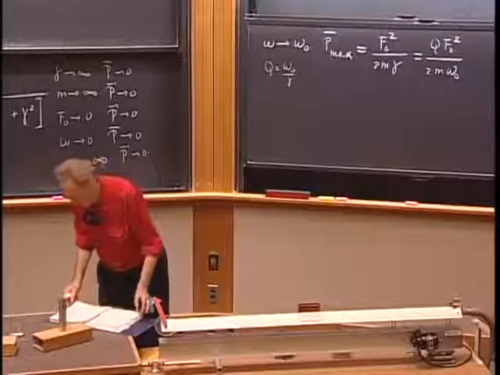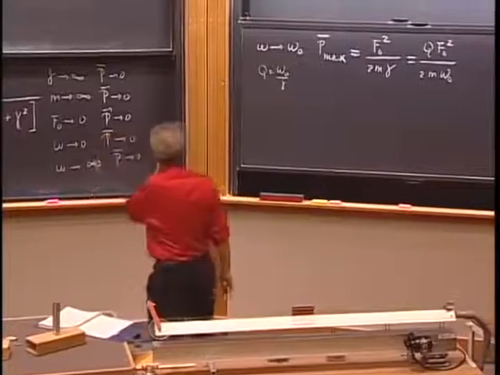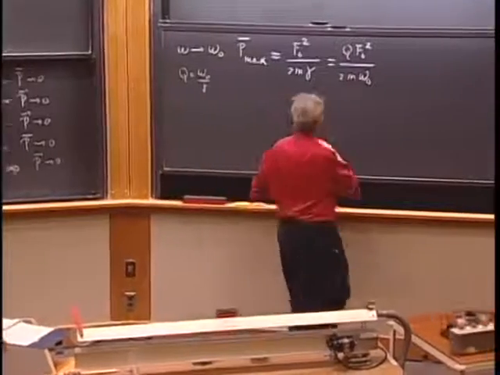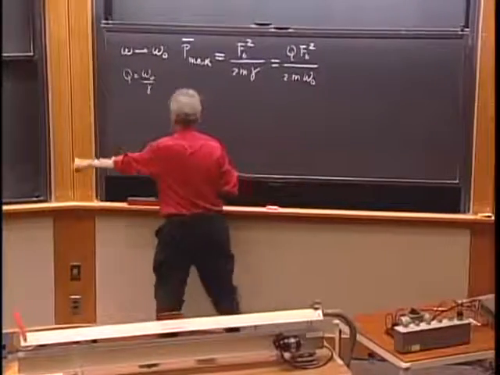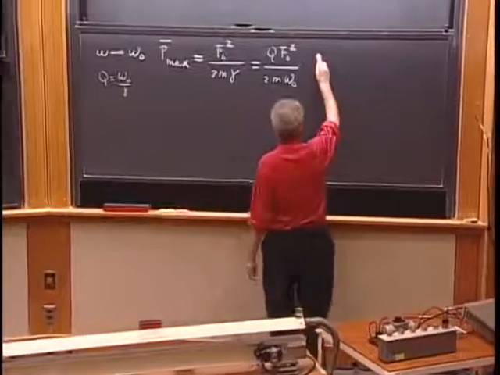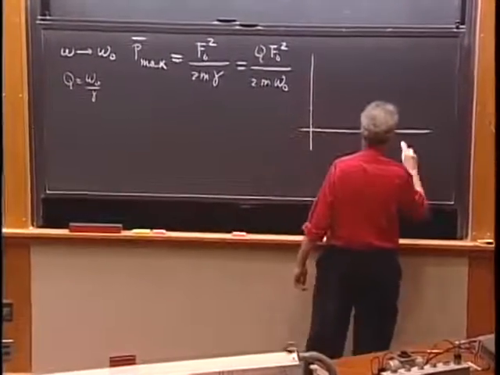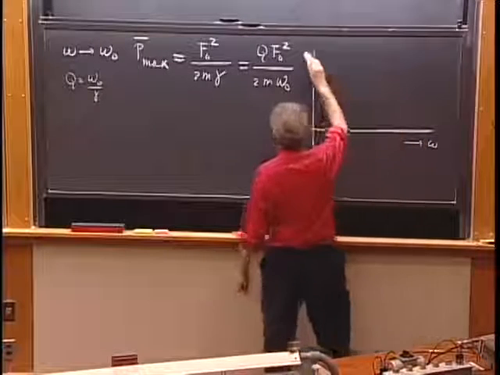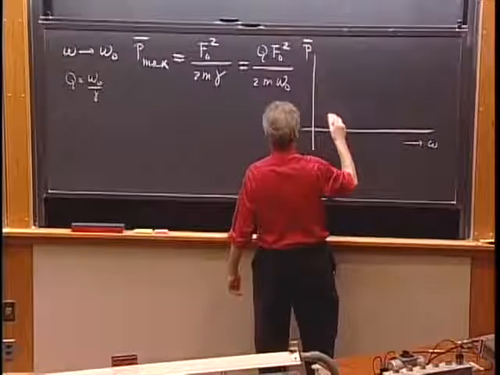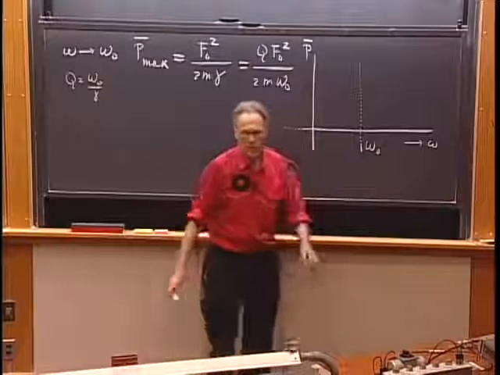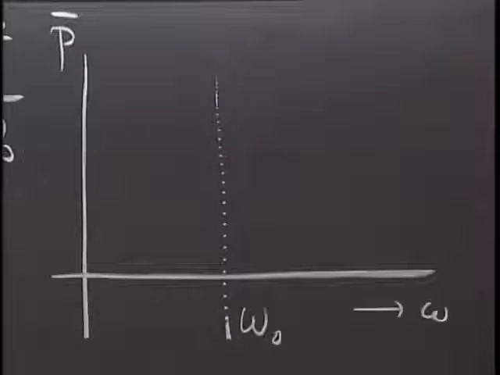So if I now make a curve for you of P average, not P maximum, but P average as a function of frequency. So here is omega, and here is P average, and here is omega 0. It goes through a maximum exactly at omega 0.